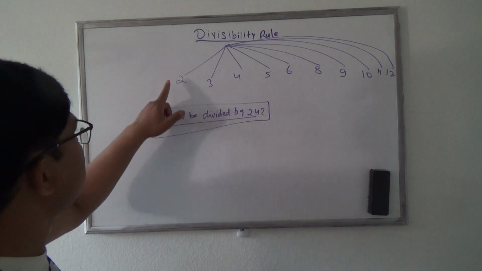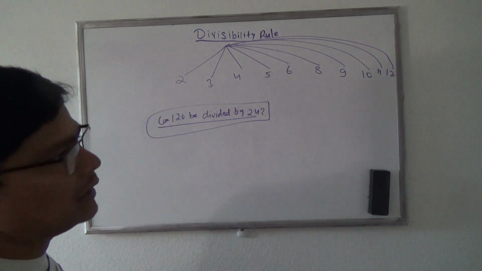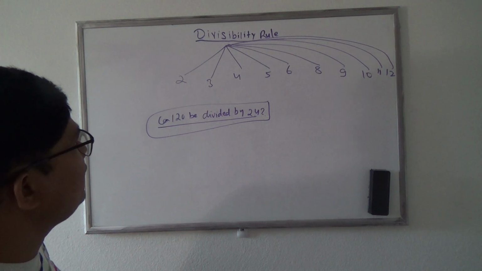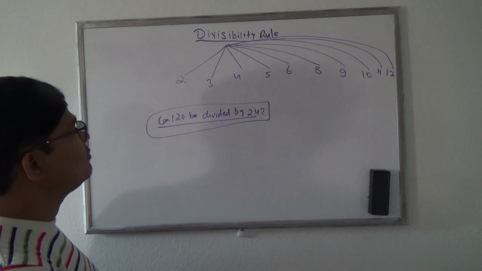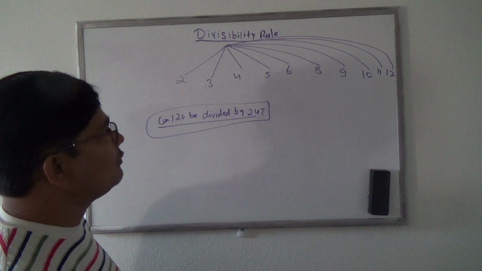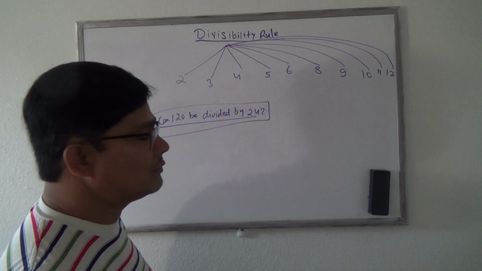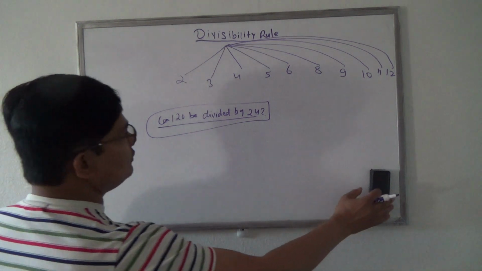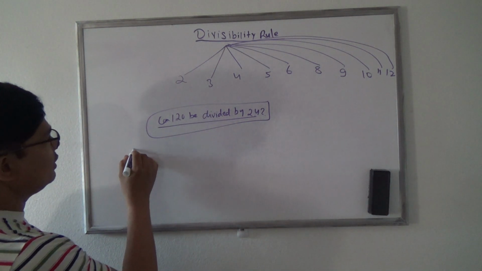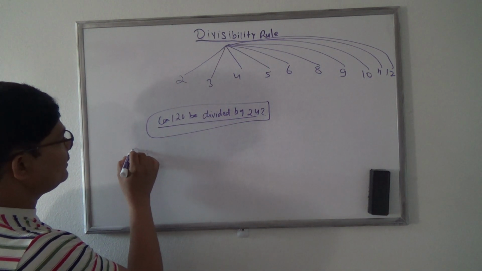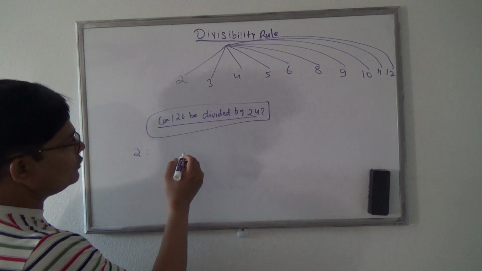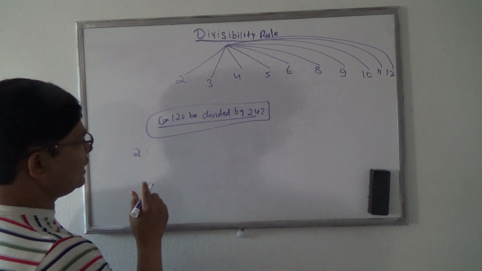So let's start. If we are given some number, can we say this number can be divided by 2 or 3 or 4 or 5 or 6, 8, 9, 10, 11 or 12? Start with 2. If you are given any number, you have to look at the unit place of that number.